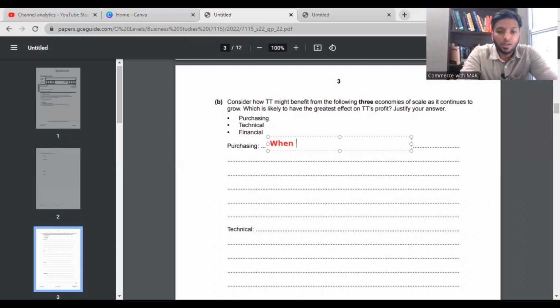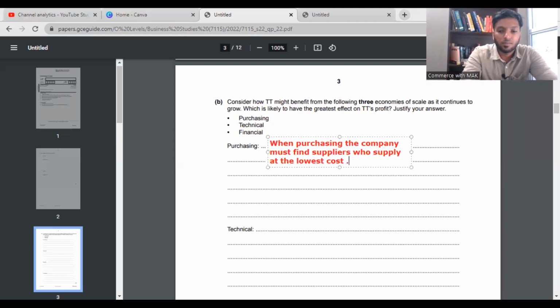When purchasing, the company must find suppliers who supply at the lowest cost.